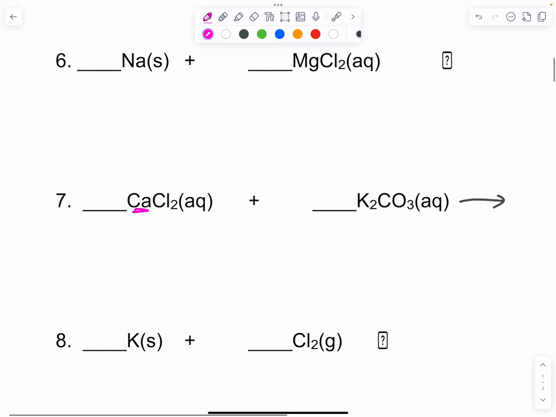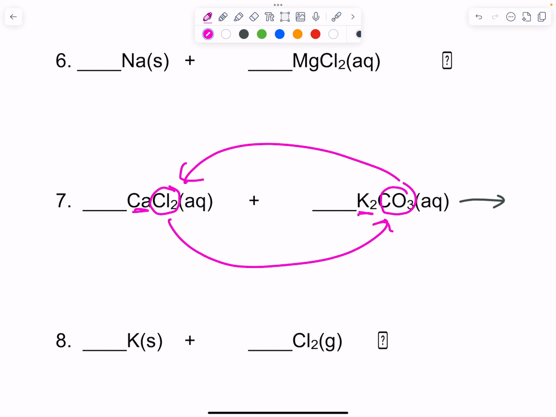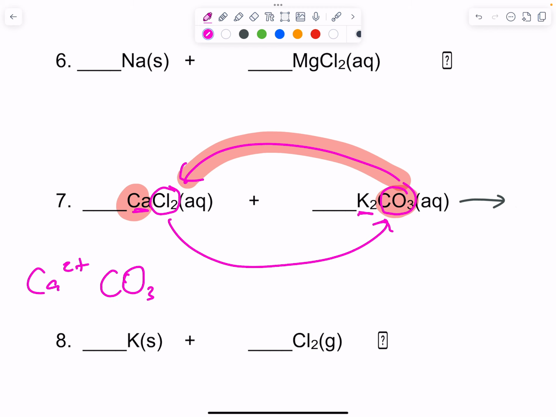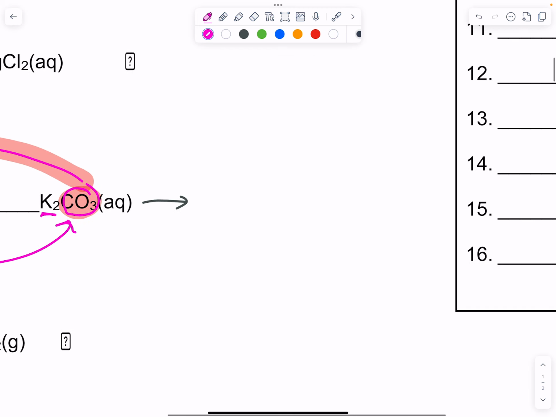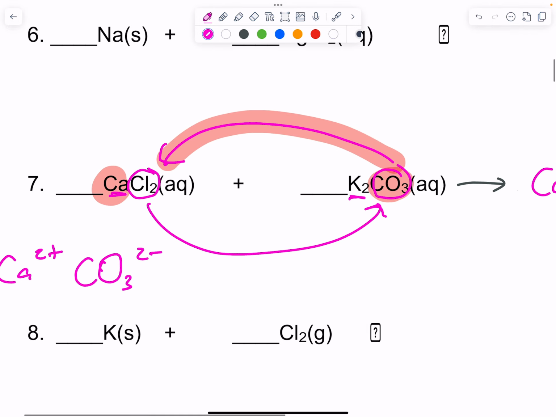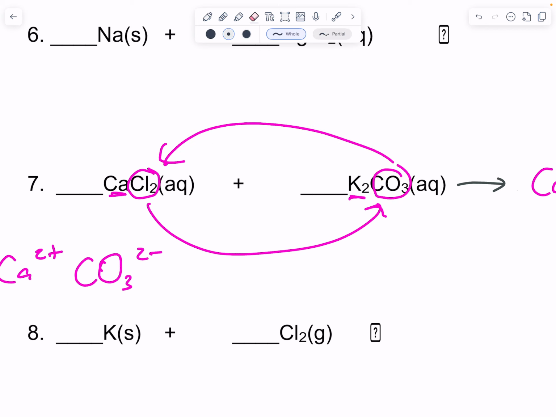Meaning, my cations, they stay where they are. My anions swap places. CO3 is now with calcium. Calcium is 2+. CO3 is 2-. That gives me CaCO3. Okay? Next. Chlorine is now with potassium.